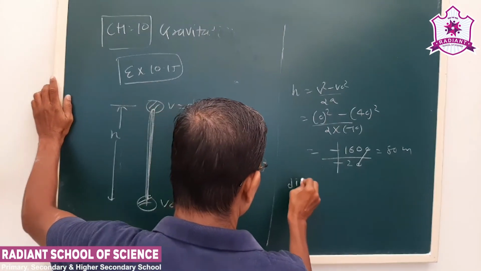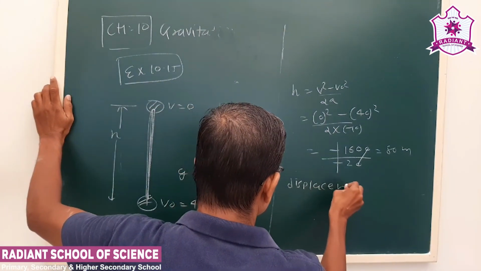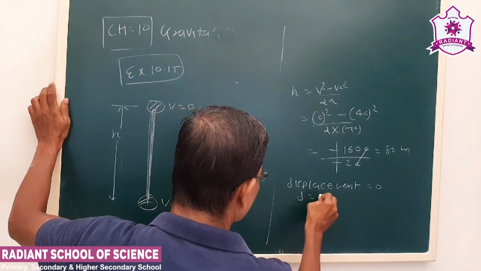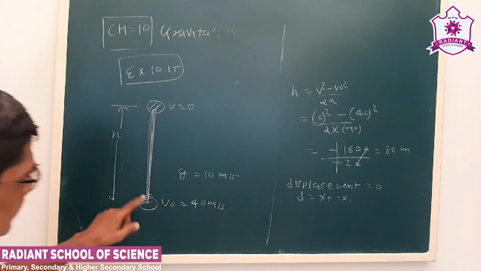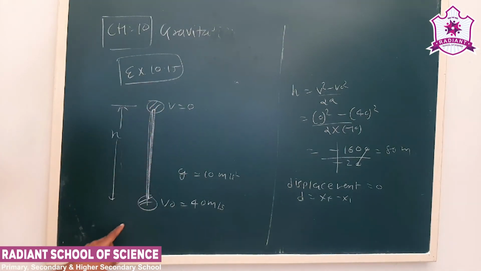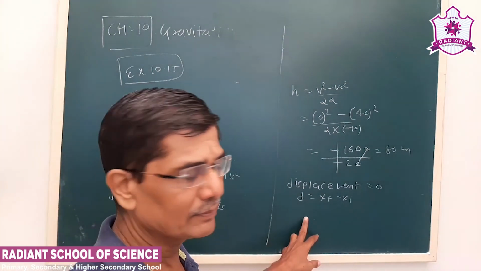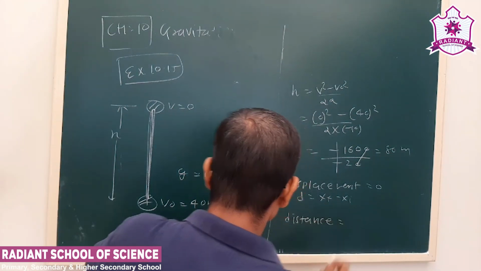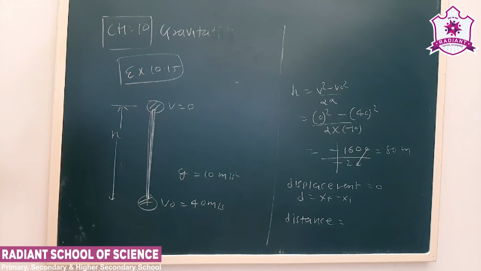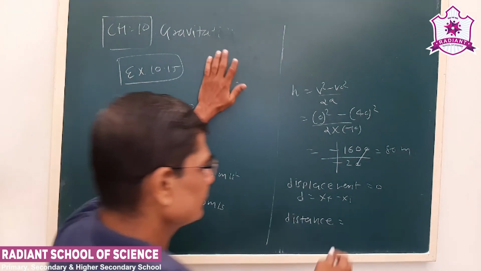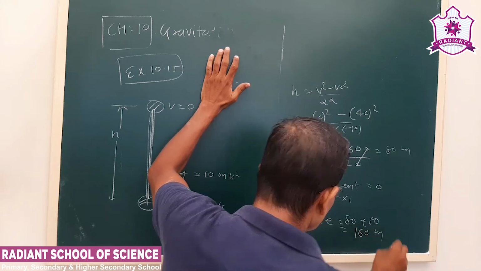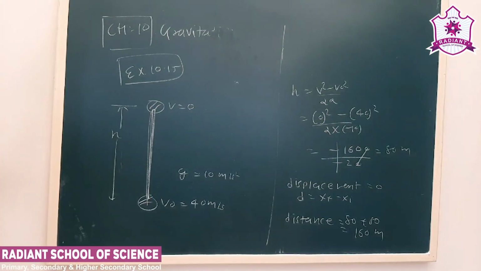So displacement will be 0. Why? Displacement is xf minus xi. Whatever point it was thrown from, it will come back to the same point. So the displacement becomes 0. And the distance covered: the distance traveled during the upward motion will be 80 meter. Downward journey also covers the same distance. So the total distance will be 160 meter.